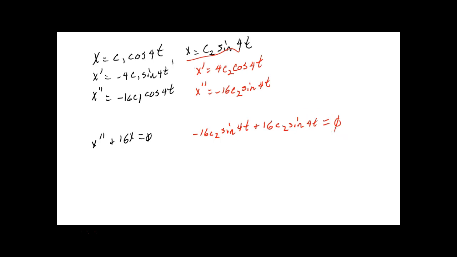Okay? But also, let's go back to black. If you plug this one in, minus 16 C1 cosine 4t plus 16 times the x up here, C1 cosine 4t, sure enough, that's also equal to 0.